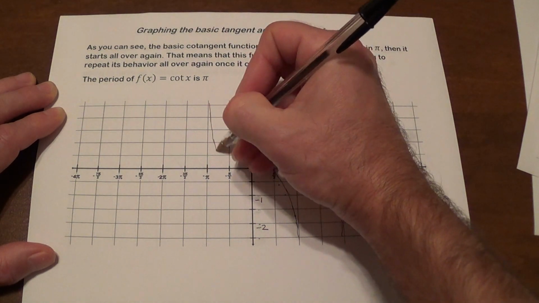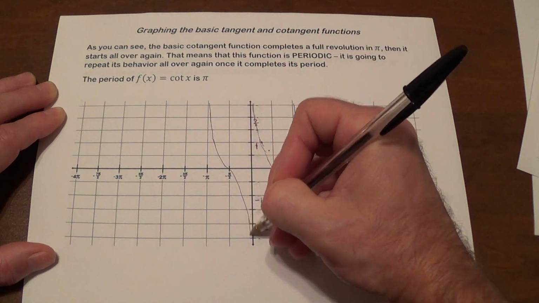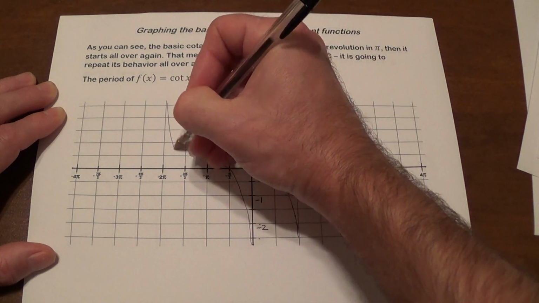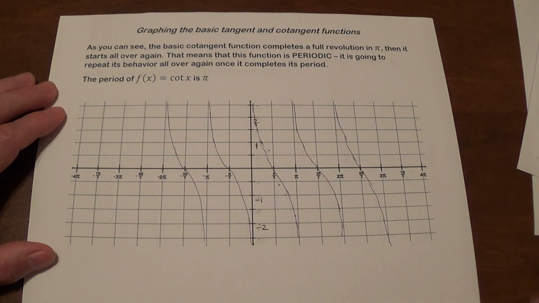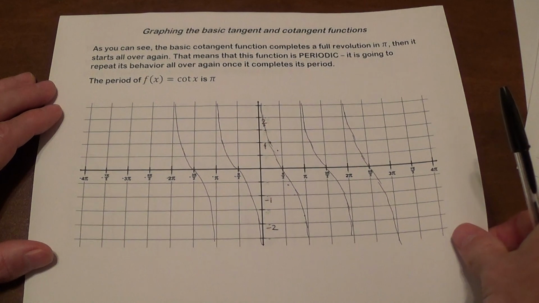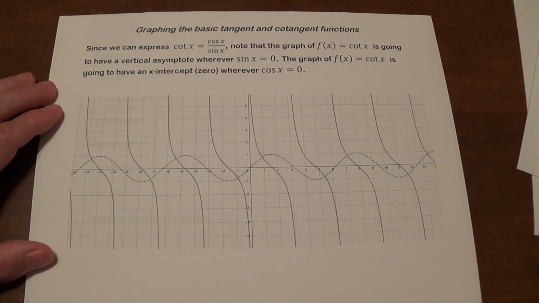And there will be branches going like this. Okay, that's what it's going to look like. And let me show you a more precise graph. So that's what we have.